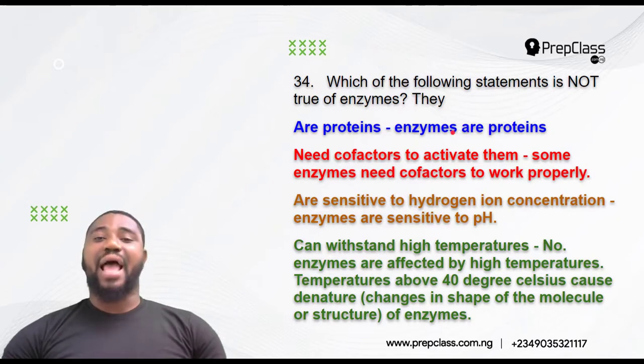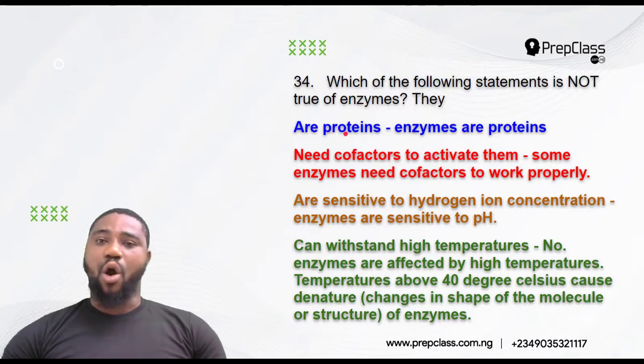Both the ones like thiolane that convert starch to maltose in our mouth, and the ones in the stomach that break down protein, that's pepsin, trypsin, and all, they are all proteins. All enzymes are proteins found in our body system that catalyze biochemical reactions.